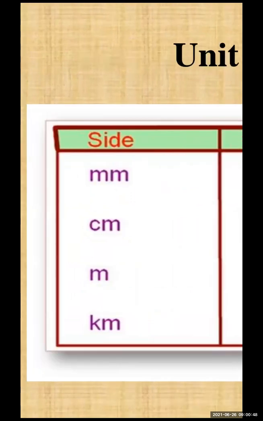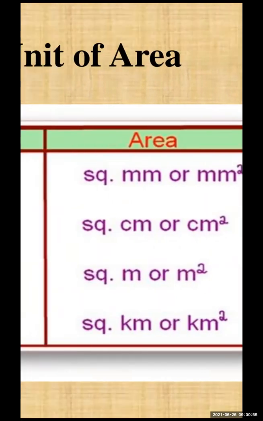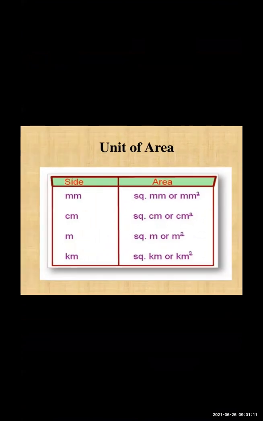It is written as sq. m or m squared, m with power 2, or sq. m. Both are one and the same. So this is how we write the area unit.